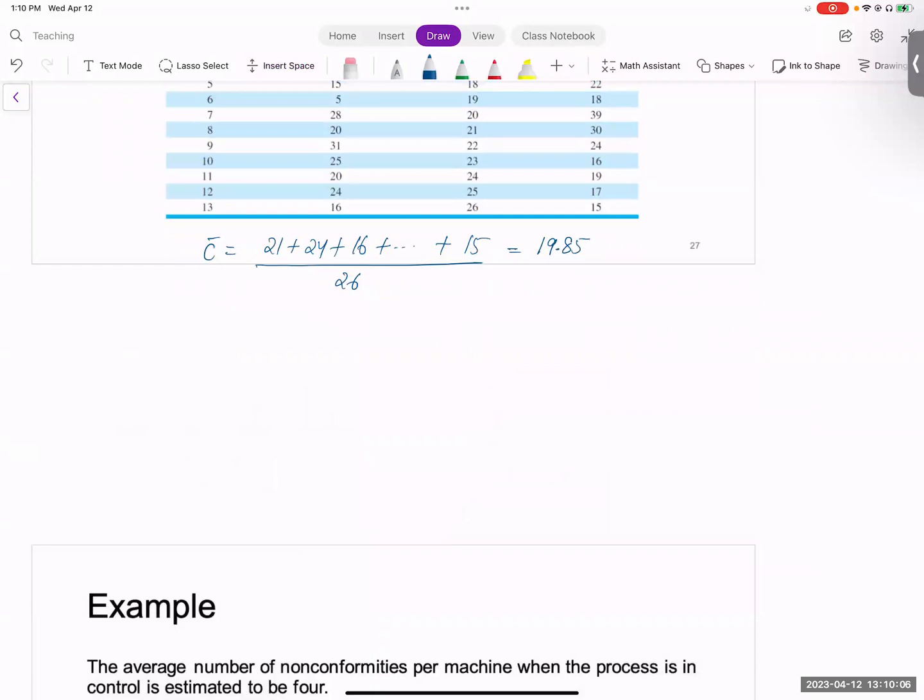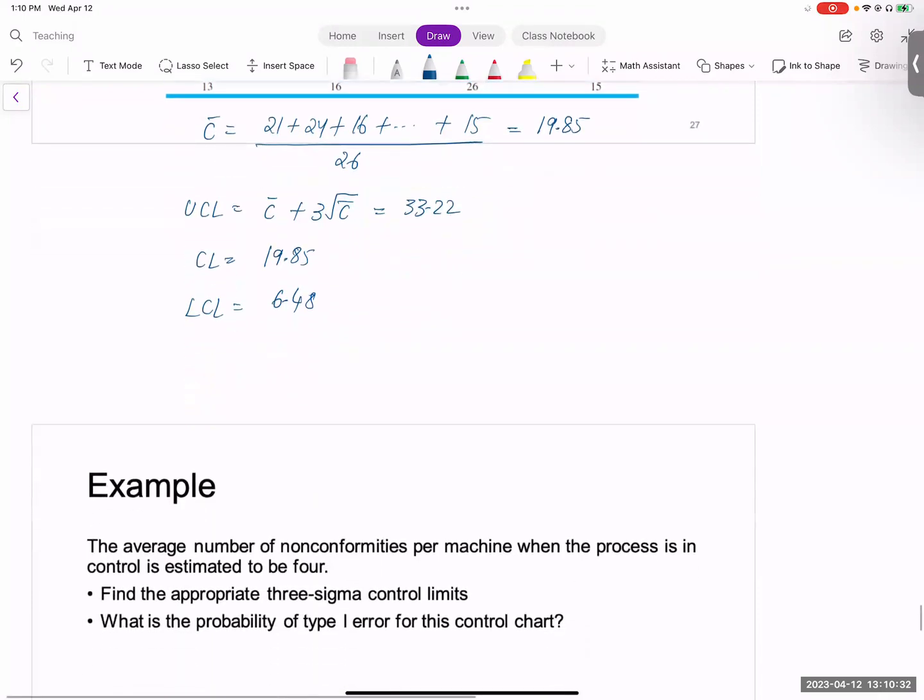UCL is C bar plus 3 square root of C bar, which, if you plug in the numbers, is 33.22. The center line is just 19.85, and LCL is equal to 6.48. That essentially gives you the control limits.